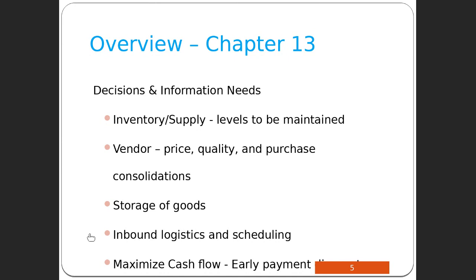Inbound logistics and scheduling. So when should the inventory arrive and when should they receive the inventory? This must be decided by the expenditure cycle. Now, if you have a business like Lulu, where your busiest time starts from Thursday afternoon and it goes through Saturday evening, then you don't want to order and receive inventory during that busy time, because you will have customers all over the supermarket, and it would be difficult for you to store goods while the customers are in the store.